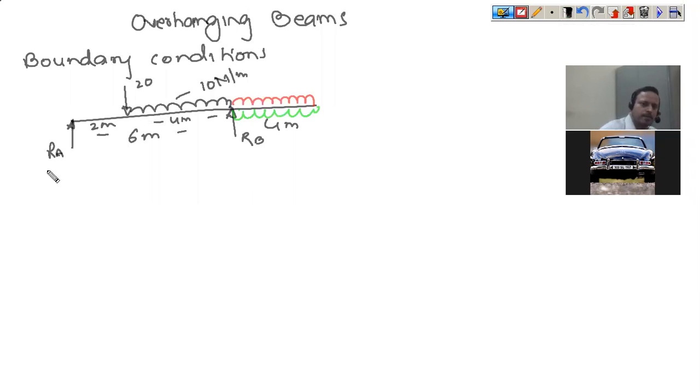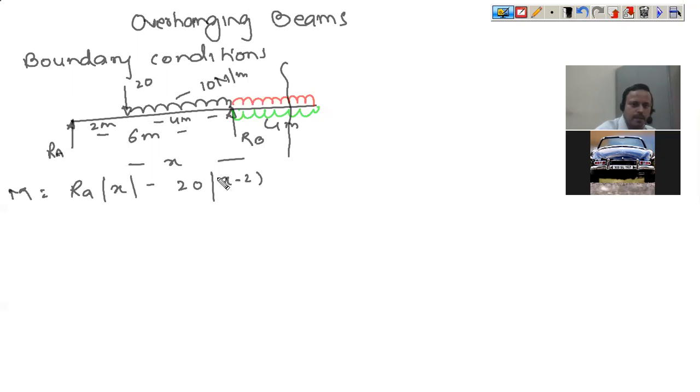Okay. So if you write down the equation for it, I believe that you know how to calculate RA and RB. Let us take an element at a distance x. So this is RA into x. I'm writing the equation for M, minus 20 into x minus 2. Now this total UDL minus 10 into x minus 2 whole square by 2.